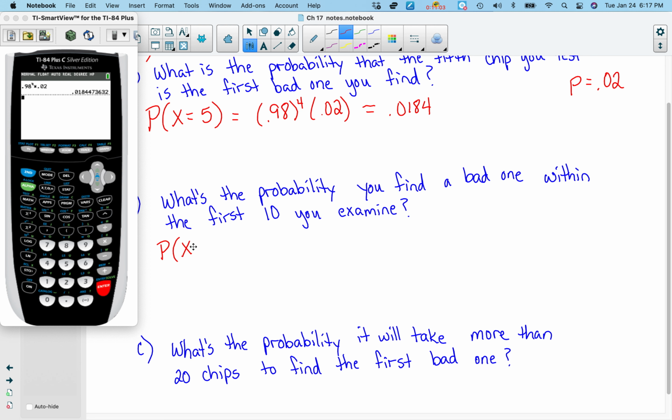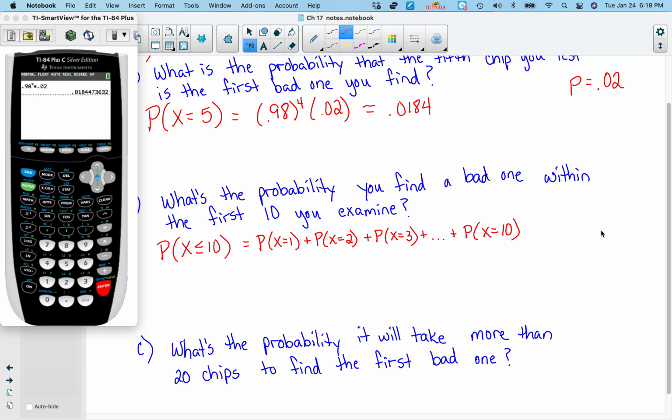So I want the probability that x is less than or equal to 10. So what does that mean? That means the probability that x equals 1 plus the probability that x equals 2 plus the probability that x equals 3 plus ... plus the probability that x equals 10.